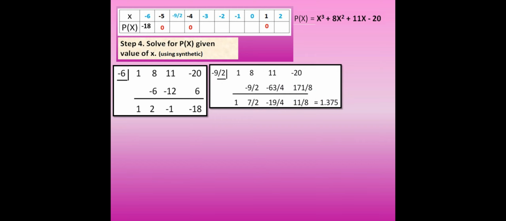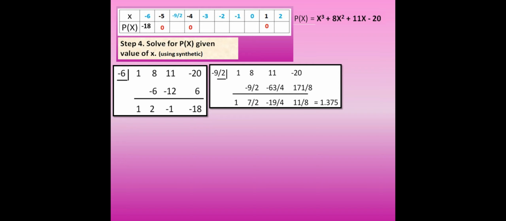Then if x is negative 9 over 2, so we have this illustration. So 1, so negative 9 over 2 times 1 is negative 9 over 2. Added by positive 8, so it is 7 over 2. Again multiply, negative 9 times 7 is negative 63 over 2 times 2 is 4. Added by positive 11, so the sum is negative 19 over 4.